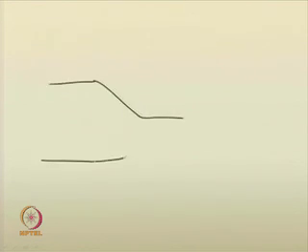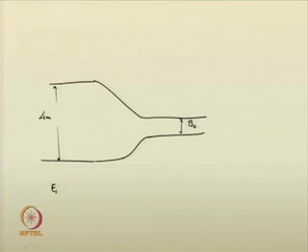Now, see if the channel is getting restricted. Here the channel width is 4 meter, and this is the critical width, we do not know what that value B c is. So, you have E 1 equal to, at the upstream section, y 1 plus q squared by 2 g y 1 squared.